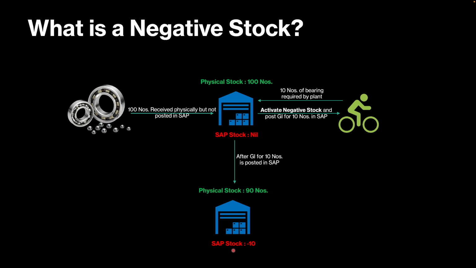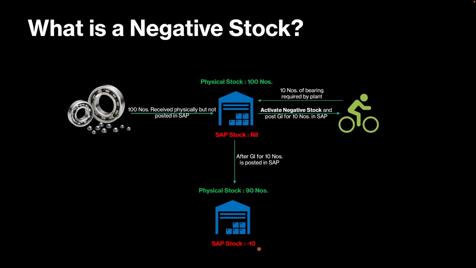And this negative stock will always tell you that a goods receipt is pending. You have to remove all the discrepancies that happened when you were posting the goods receipt, and then you have to post this goods receipt. So basically, activating negative stocks helps you to keep your production running at this stage, and at the same time tells you that you have to do a goods receipt at a later stage.